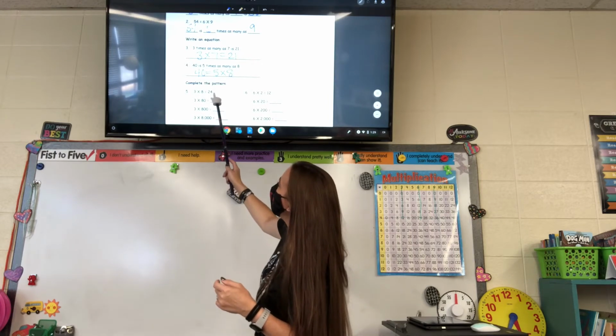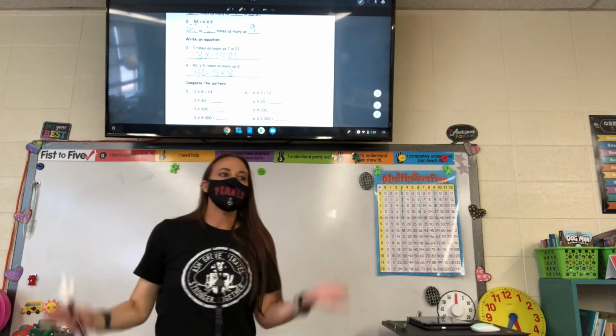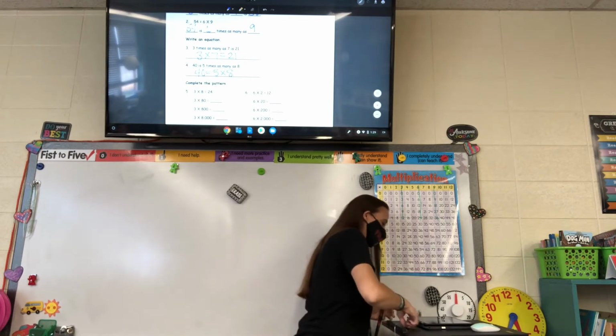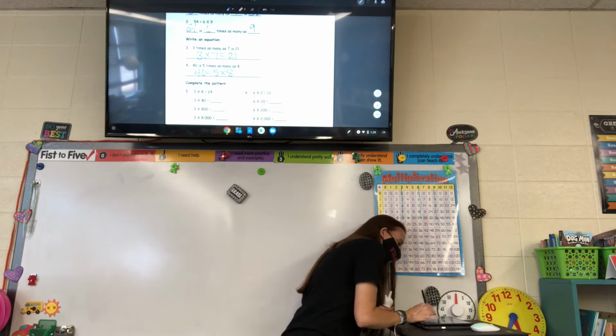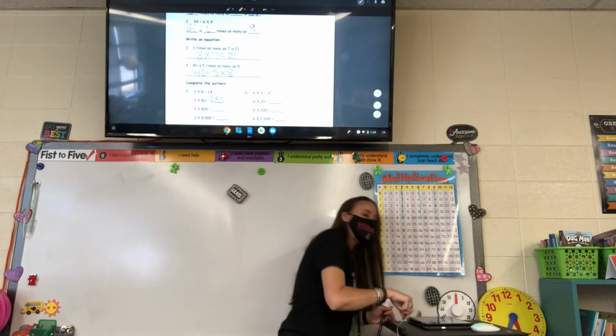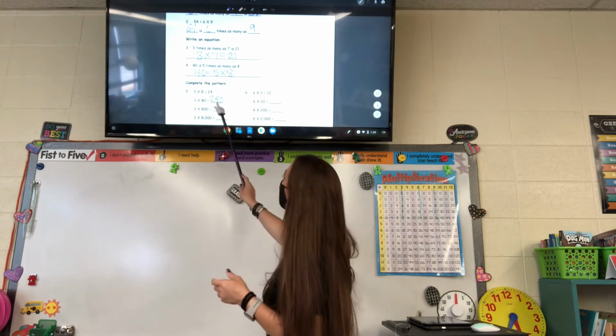So we have to balance it on either side of the equation. We have to do the same thing. So 3 times 8 is 24. 3 times 80 would be 24 with a 0 behind it, or 240.